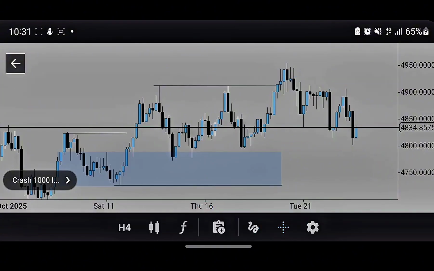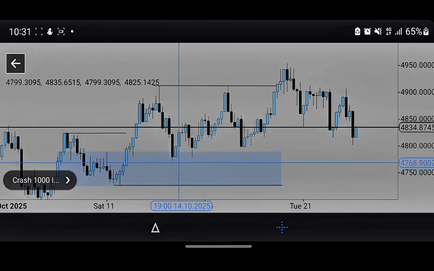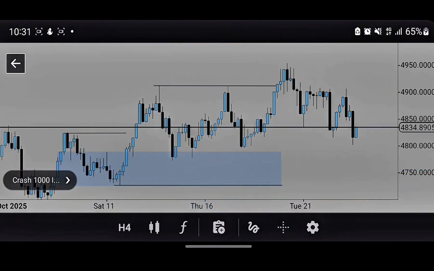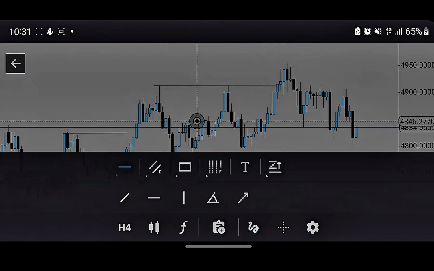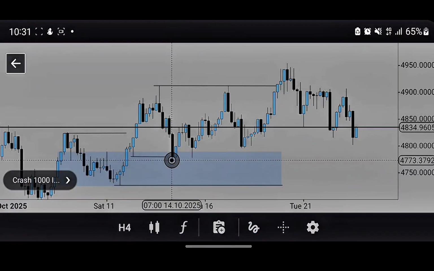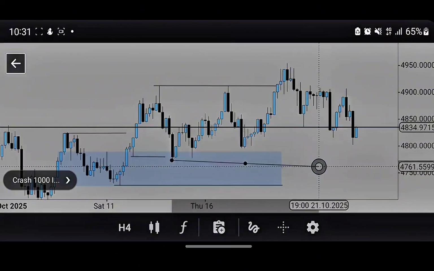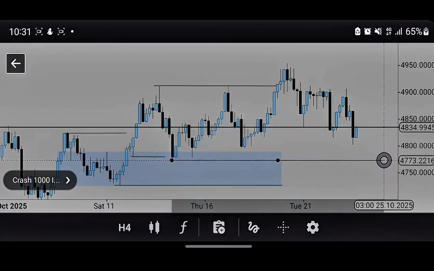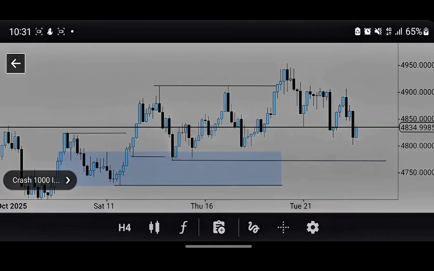So after that happened, the moment price tapped into this demand level here, you've noticed that we took out this level right there, this little spike there, and this was our inducement. So once we took out that inducement, this level right here became our new higher low, okay?